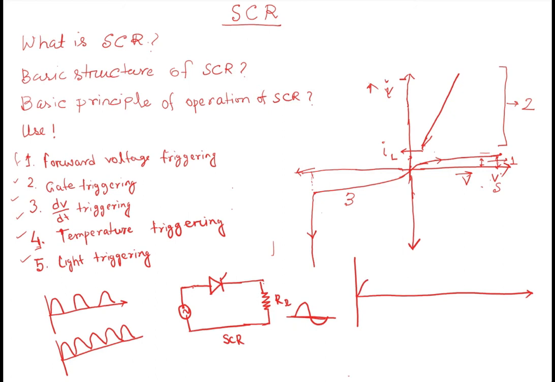So if this is the input alternating voltage, and suppose this is that cutoff region, the SCR will not turn on. SCR will be in that forward blocking mode. This is the fully reverse blocking mode. So how will the output look like?